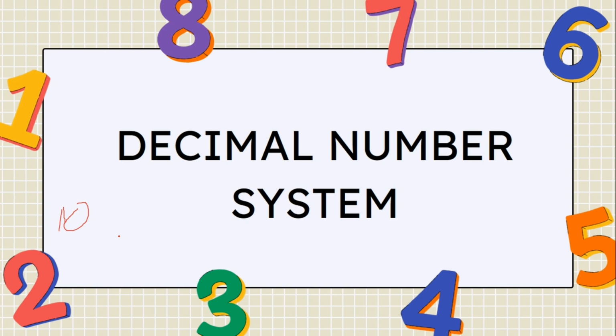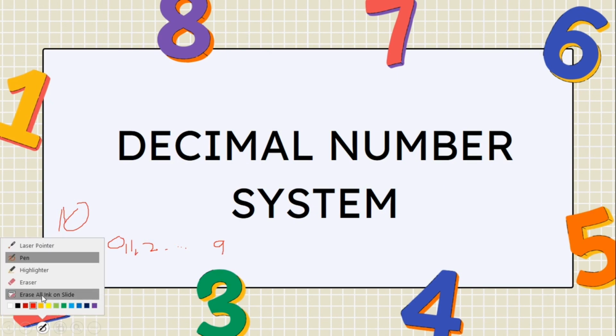Decimal starts with 0, 1, 2, and goes until 9, which is up to 10 digits. So that is the set of rules of the decimal number system.